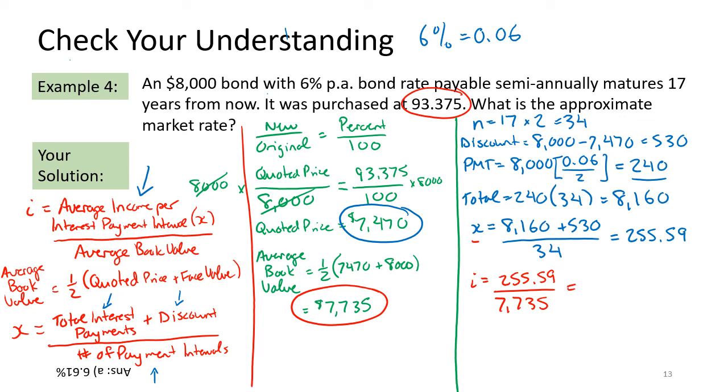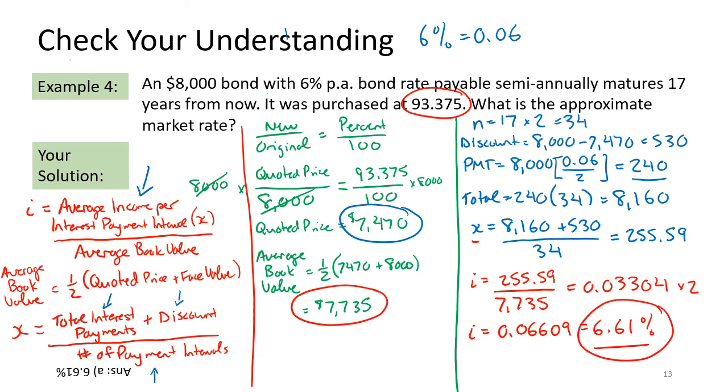If we calculate that, we get 0.03304. Again, you have to convert that to a nominal interest rate, so you multiply that by 2. Our value for I in this case is 0.06609, or 6.61%. In other words, that's our market interest rate.